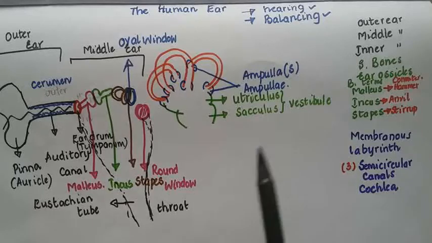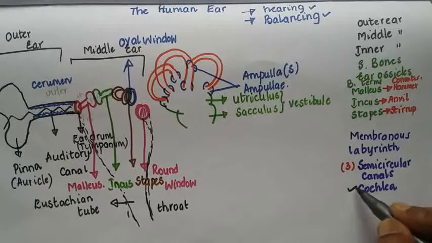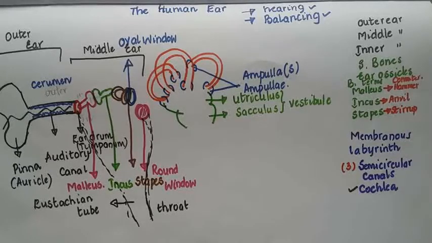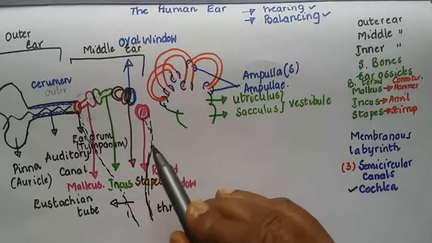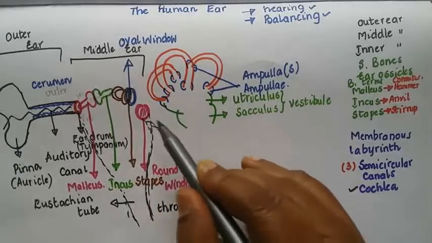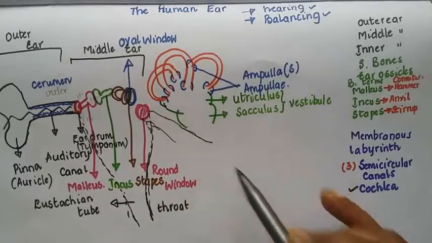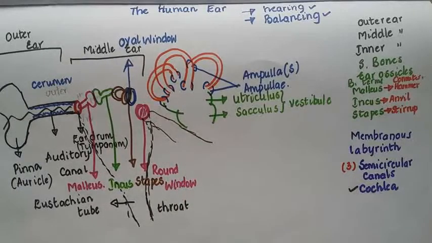Okay children, along with that we find one more structure, known as the cochlea. We find this cochlea, which is a spiral organ. What is the meaning of a spiral organ?